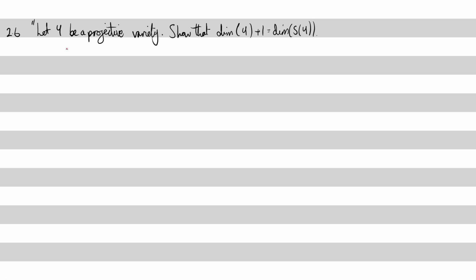So let's begin. Firstly, this asks us to show that the dimension of a projective variety plus 1 is equal to the dimension of its coordinate ring.